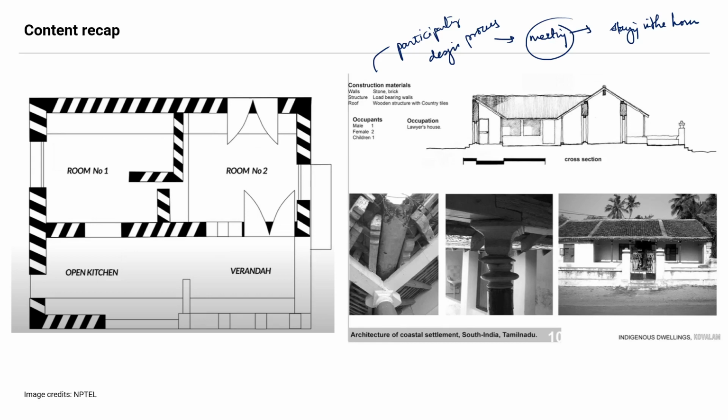How it helps is that you are able to understand their psychology, their needs, their socio-cultural fabric, and their lifestyle, so that they don't feel alien to this new space. They feel much more comfortable and relaxed, and they are able to use it in a much better way.